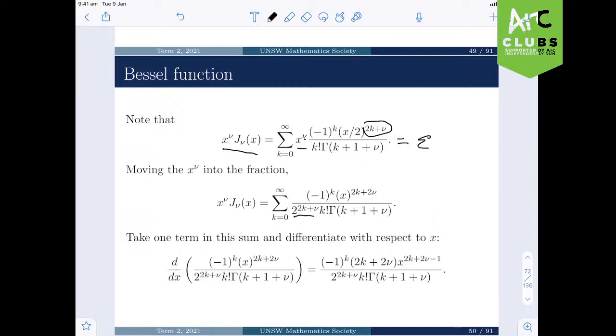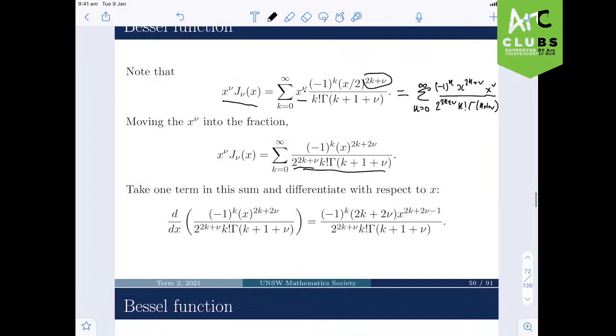This is the sum from k equals 0 to infinity of minus 1 to the k, x to the 2k plus nu over, we take the 2 out to the bottom of the fraction, we get 2 to the 2k plus nu, k factorial, gamma of k plus 1 plus nu, all times x to the nu, and that gives us what we want here, because we just add the powers.